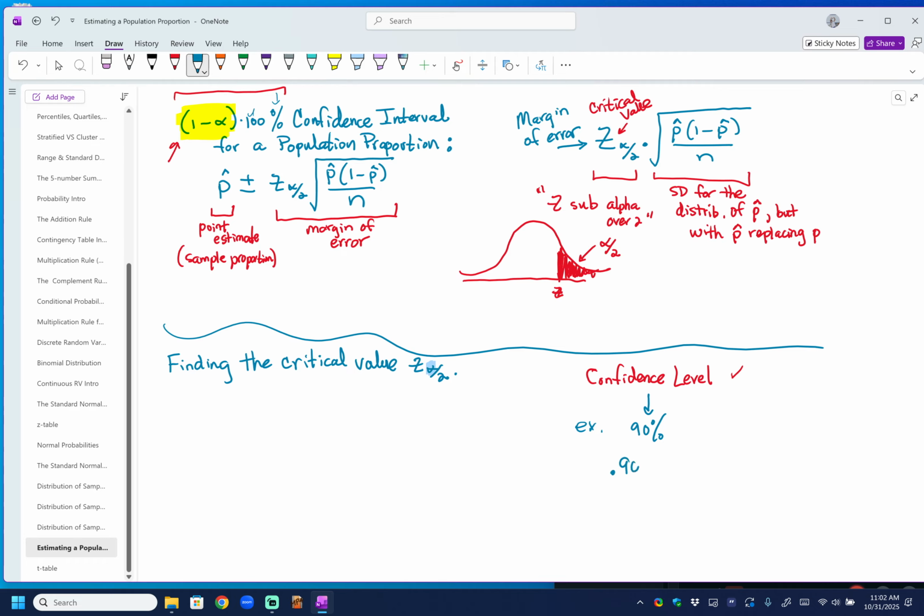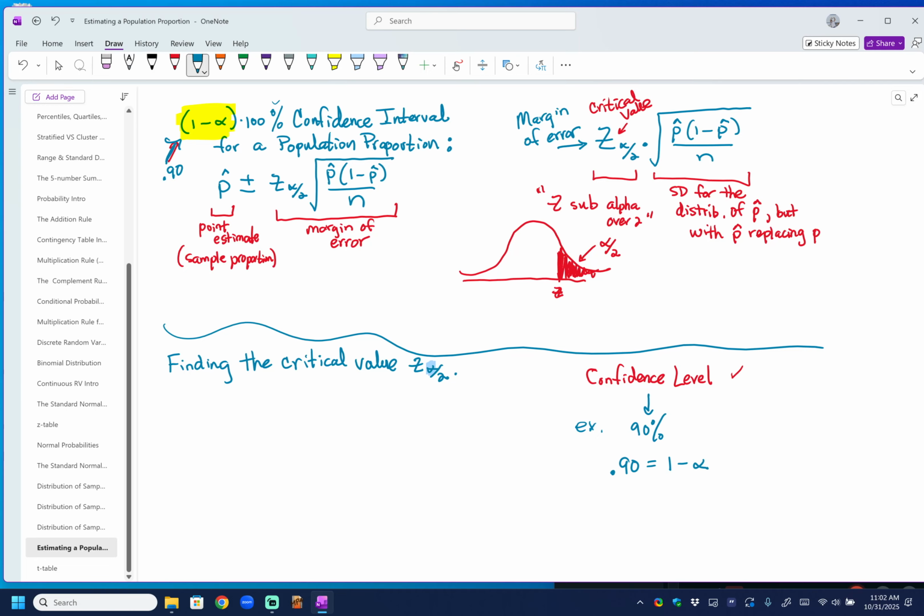That is the decimal equivalent. So just to be clear, if this portion right here was 0.90, I would multiply that by 100, get 90, and then tack on the percent to get a 90% confidence interval. So this portion here, 0.90, is going to be equivalent to 1 minus alpha.